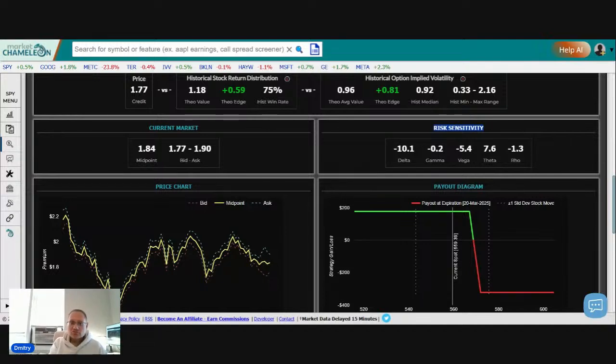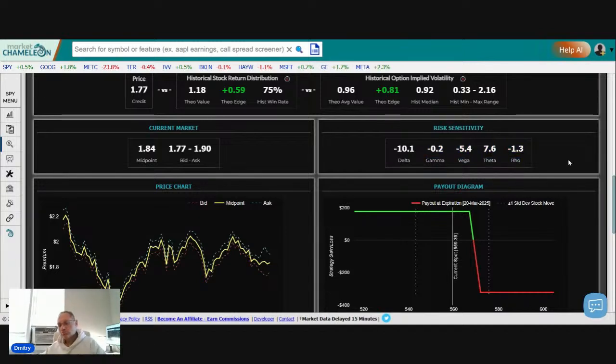It has a short bias, right? The bias is to the downside. Meaning that if the stock moves down, this will gain in value. For a dollar move, it'll gain in value 10 cents. If it moves up a dollar, we'll lose 10 cents. Okay, it has a short gamma, short vega, long theta, short rho.